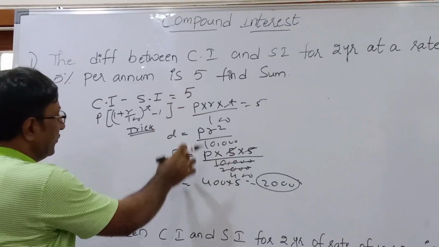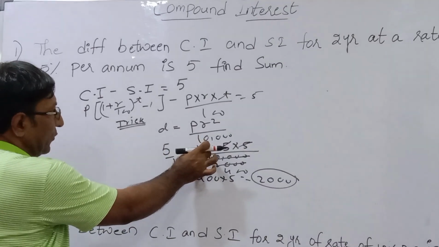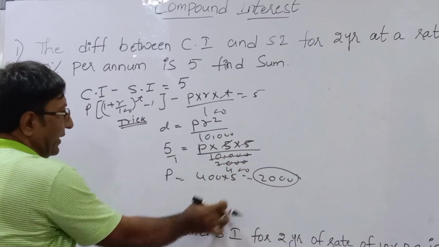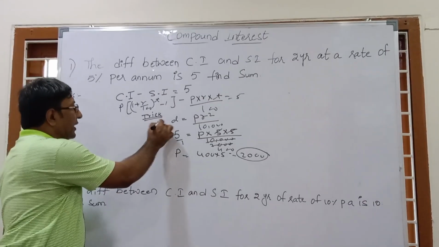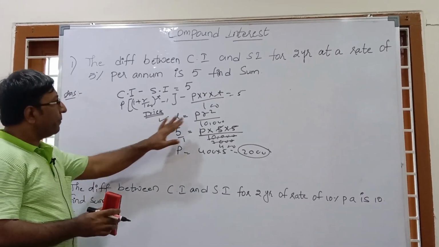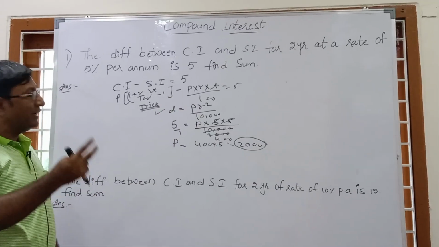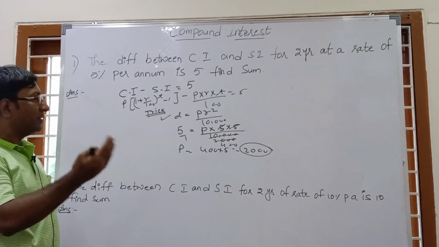The difference is given in the question as 5 and P is unknown. So P into 5 into 5 by 10,000. Our answer is 2000. This technique is applicable when, among difference, principal and rate, any two are given, then we can find the third one.